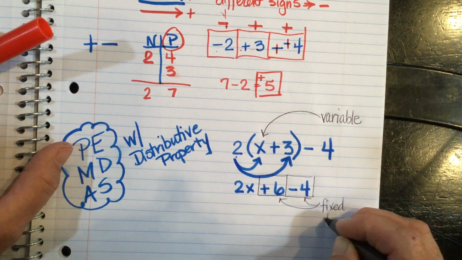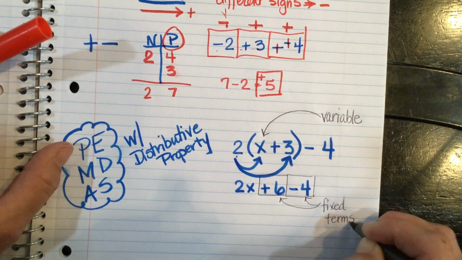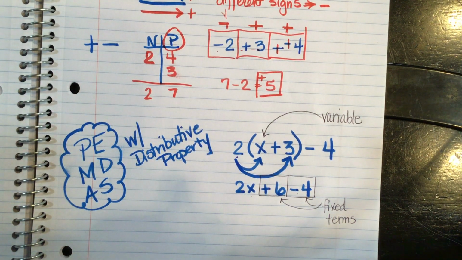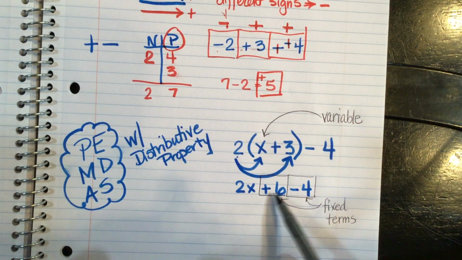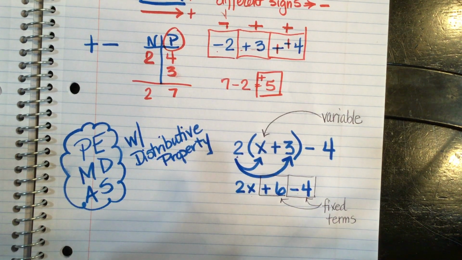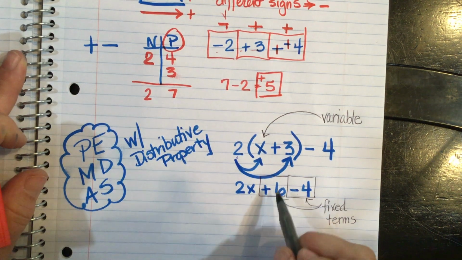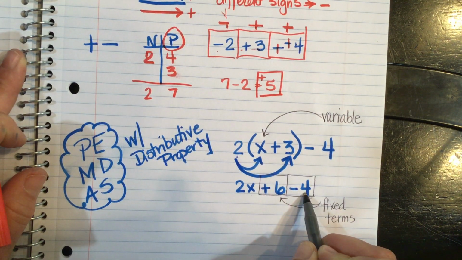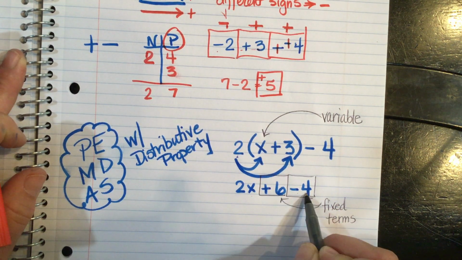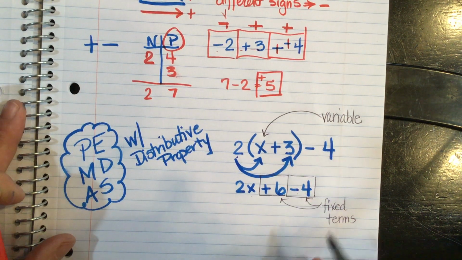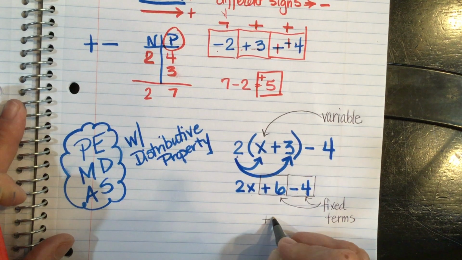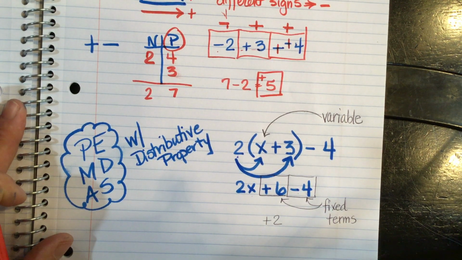You can always freeze the video, okay? Fixed terms, you can combine. It's almost as if I had dollars, right? They have no variable with them. They're just simply numbers, right? So what's a +6 and a -4? Okay, so if I had $6 and I subtracted 4 of them, I only have 2 left, okay?